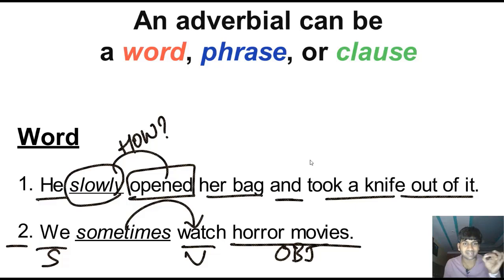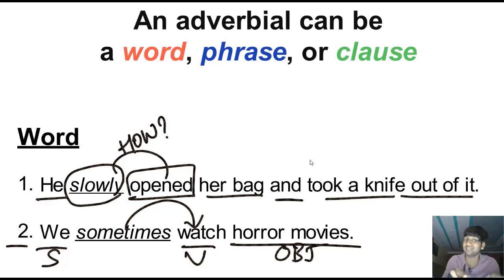And these words are adverbs. These cannot function in any other way. So they are regular adverbs. Now understand this. Regular adverbs are words that function only as adverbs. They cannot function in any other way. But non-regular adverbs, these are adverbials, right?